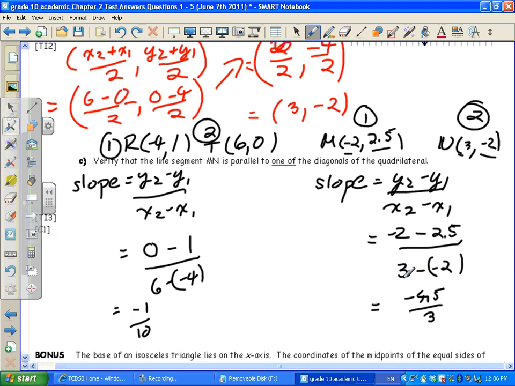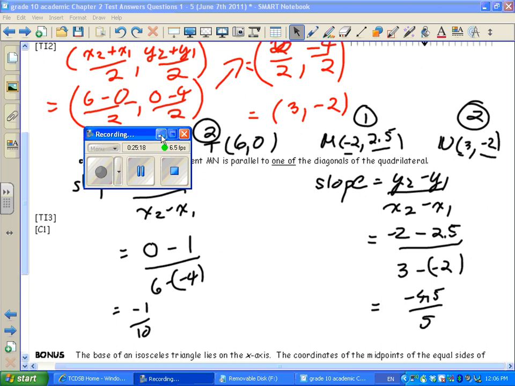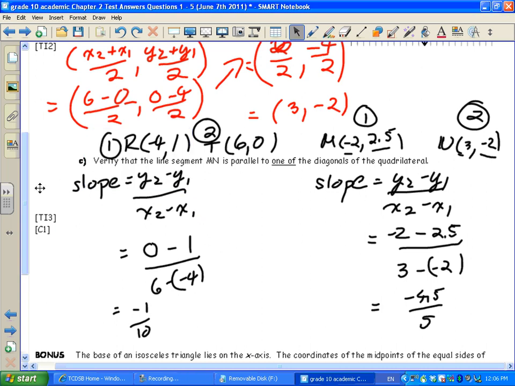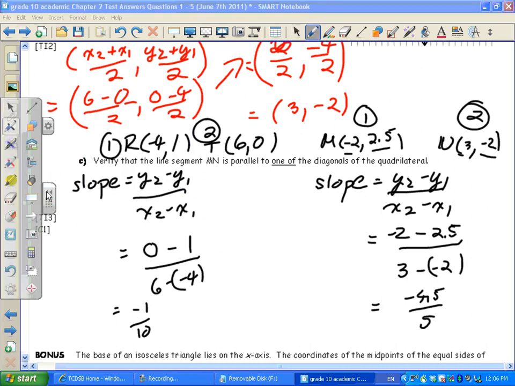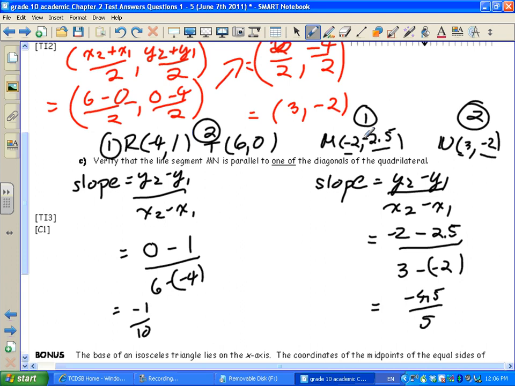It still doesn't work. We're getting there. Let's go back and check our mistakes. Because it's telling us to prove something, so we're getting there. We just got, this was 5. What else did we miss? The only other error we made is a copying error. This is negative 2.5. So this says subtract negative 2.5.